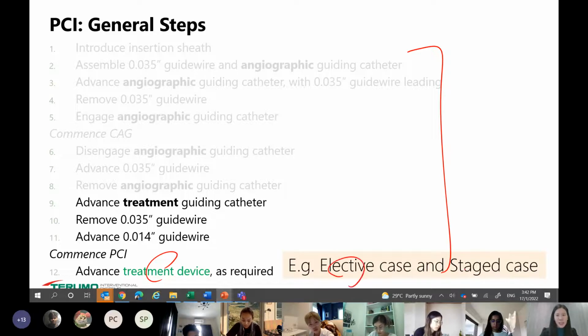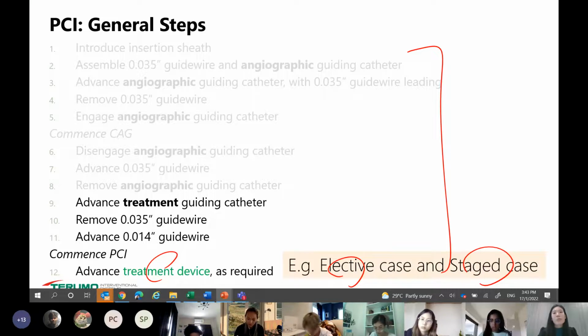These terms may be quite new to you. Elective and staged cases mean that the patient's condition is not very serious. After your diagnosis, after your CAG, maybe one month later the patient comes back and says, okay, let's proceed with the treatment so that I won't get the heart pain once every 3 weeks or so.